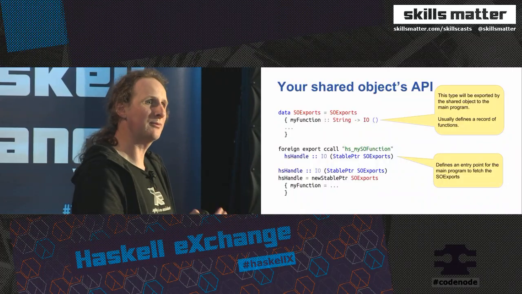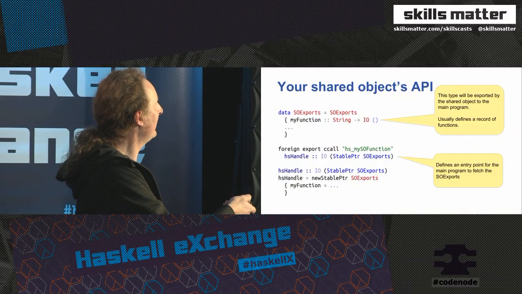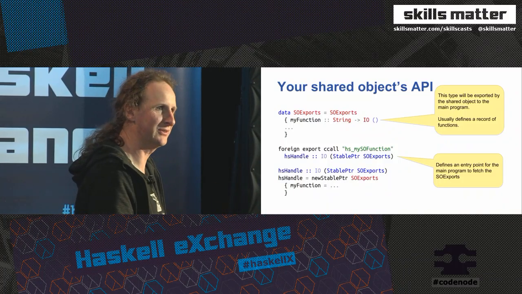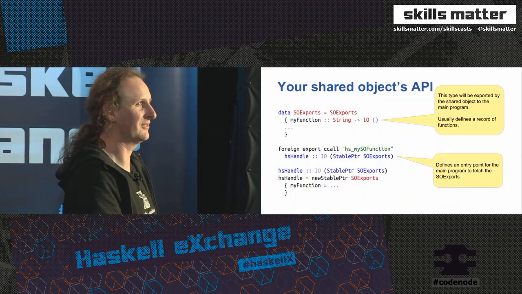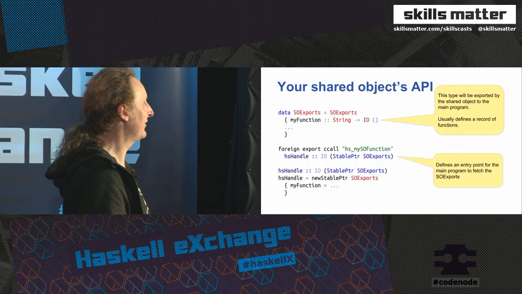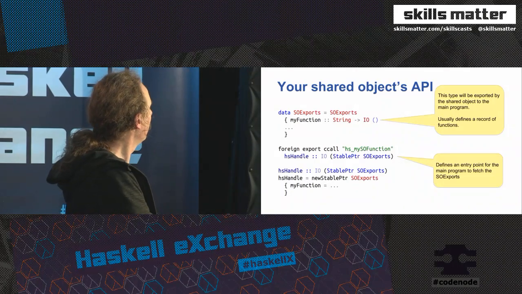When you foreign export a function, that's saying I want to put a function called this in the object code, and it will be called exactly that, and this is its signature. So it's a C function, but you can guarantee that it has this symbol name, and you can guarantee that it has this type.